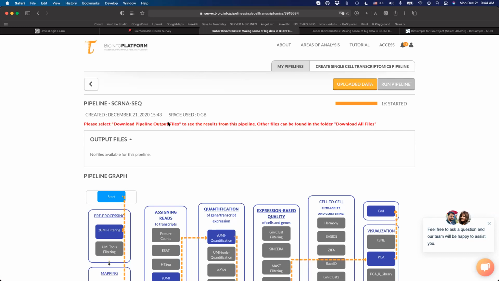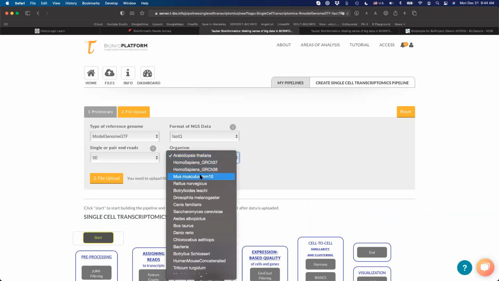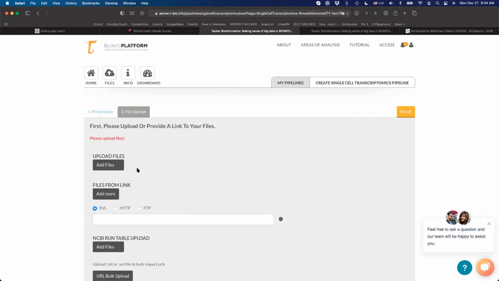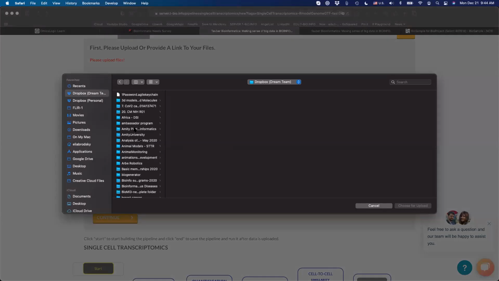Oh, so the CSV files are just text files. They're just called double CSV. So another way to do this, I gave you 2 CSVs there. After you select Mus musculus right here, you can actually, without upload, just do URL bulk upload, and then use the second one.